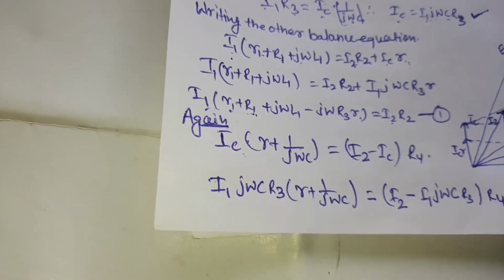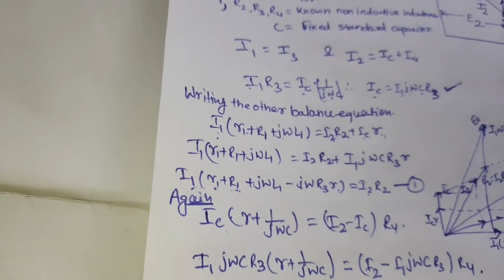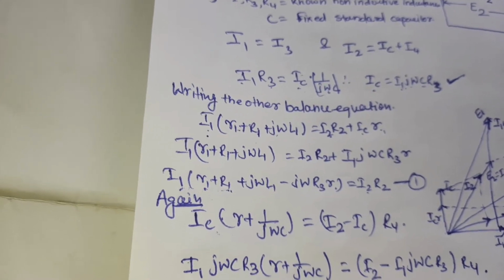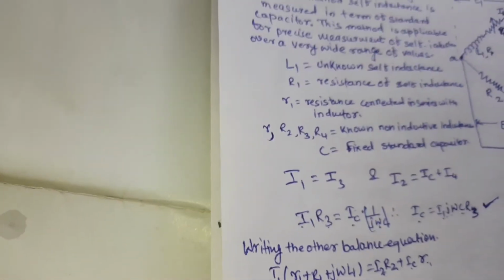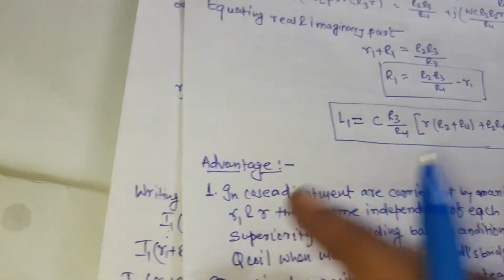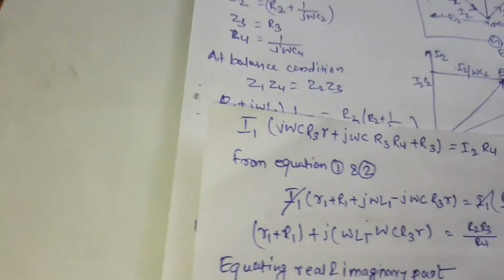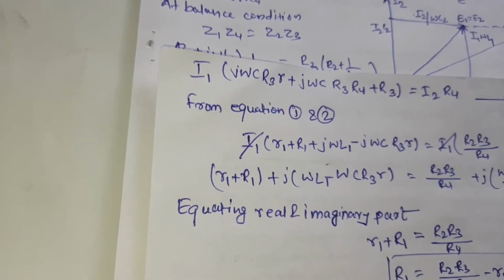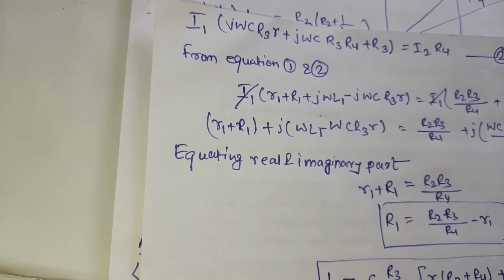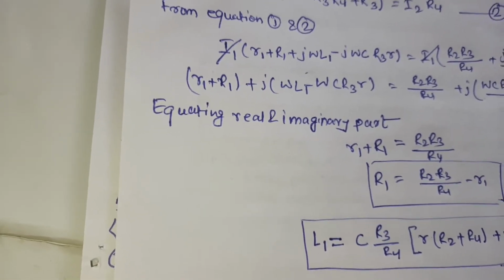By solving, again we have to put the value of IC equal to I1 into j omega C R4. By putting that, we get the second equation. By solving equation 1 and equation 2, we get the value of R1.